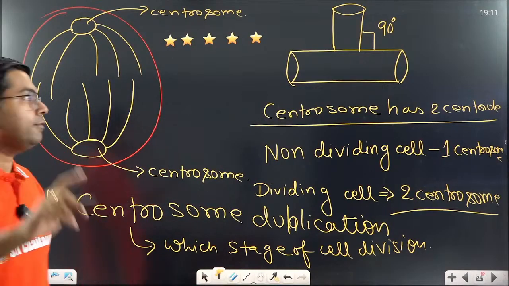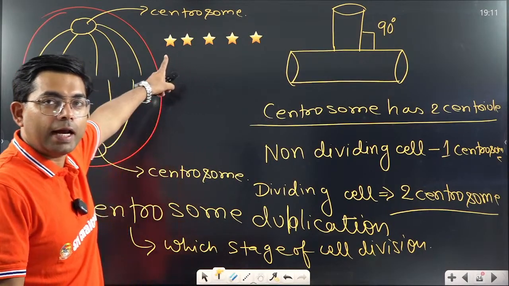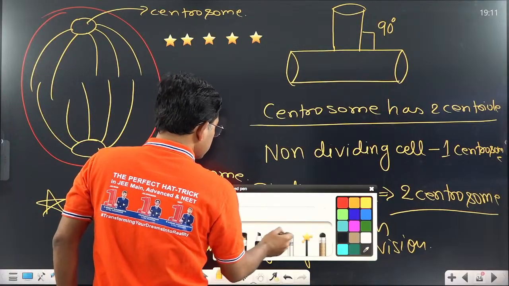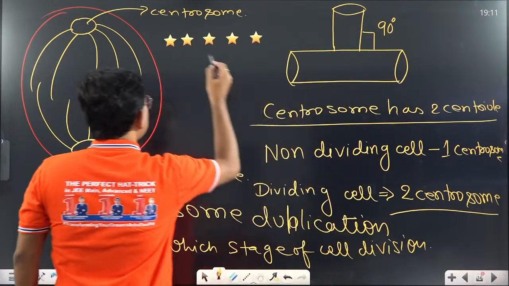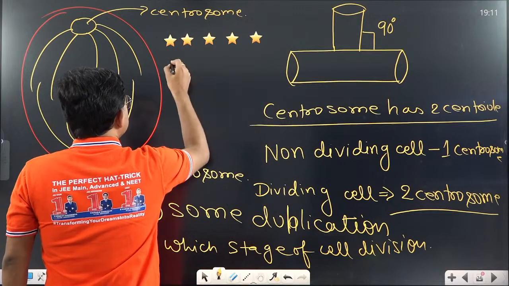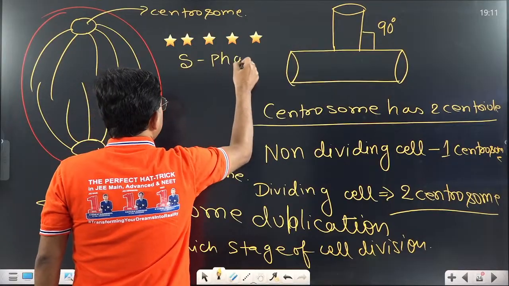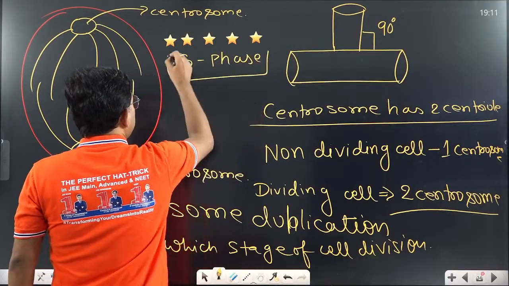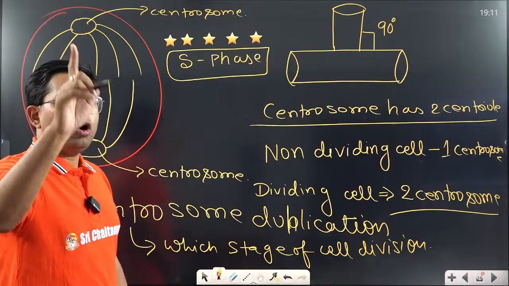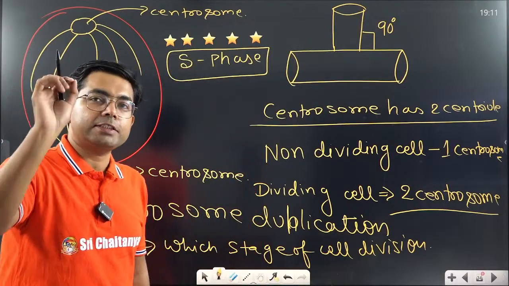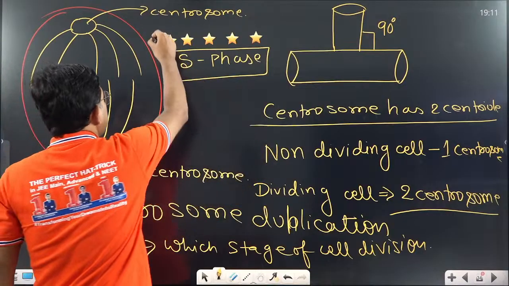All of you who have answered S phase, right? 5 star to you. Now here, see, simple. Here, centrosome duplication take place in S phase. So all student who have given S phase, it is correct answer.